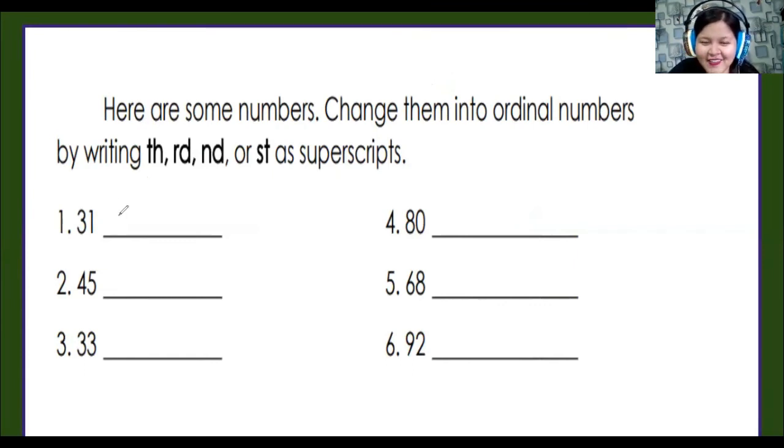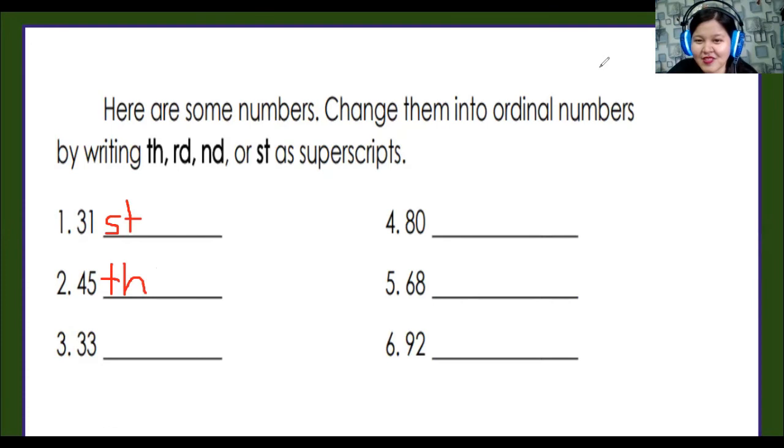The correct answer is ST. There we have 31st. How about 45? Do you know the answer? The correct answer is TH. You will continue making the other numbers into ordinal numbers on your module.